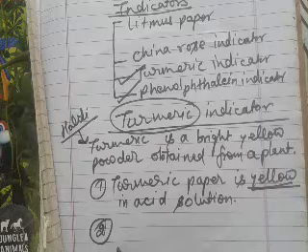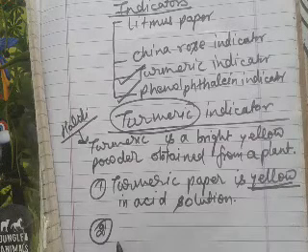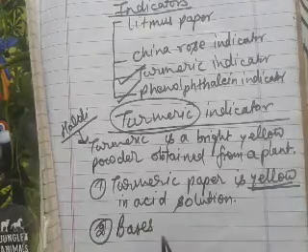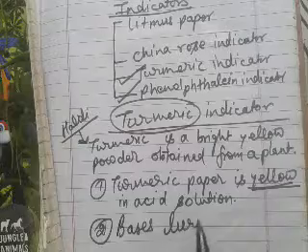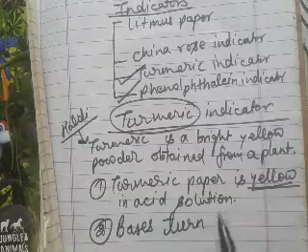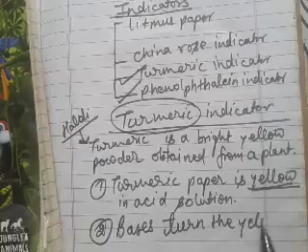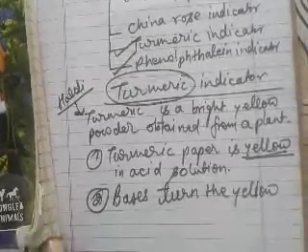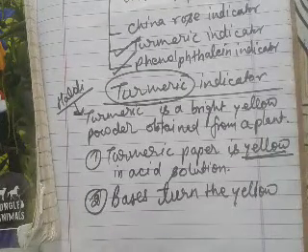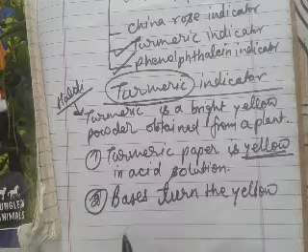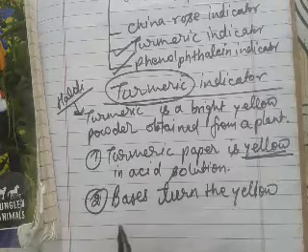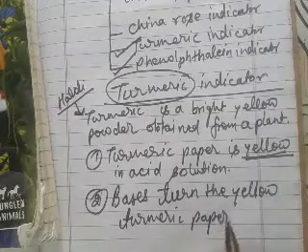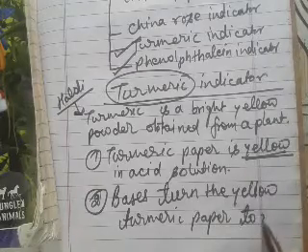But what about the basic solution? Bases turn, meaning change, the yellow turmeric paper to the red color.